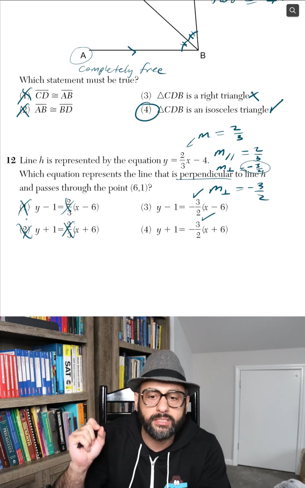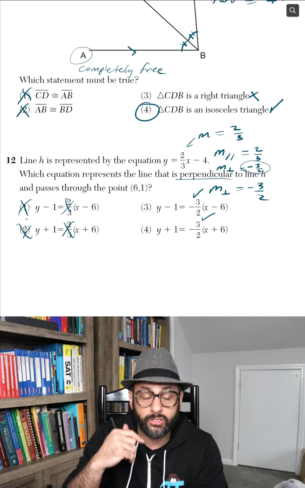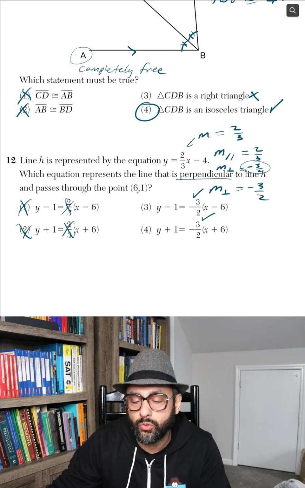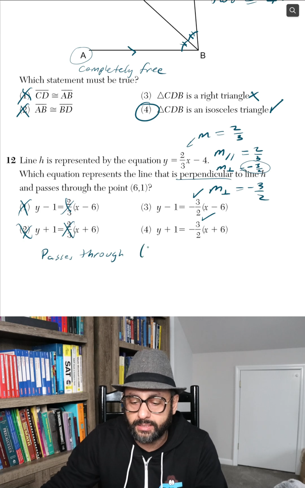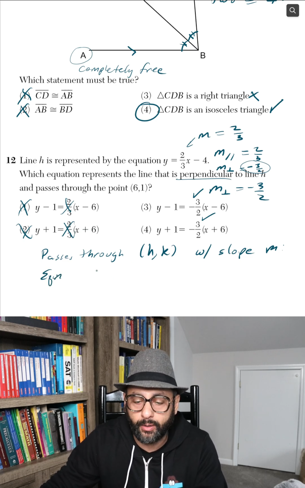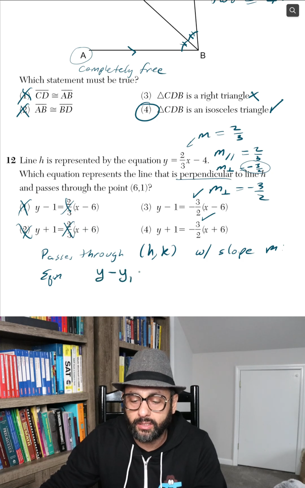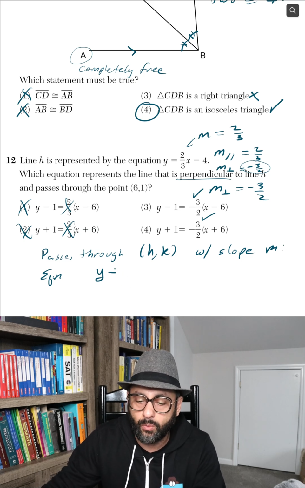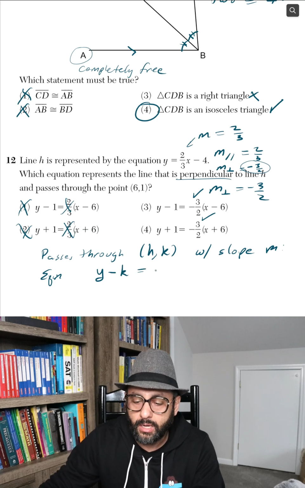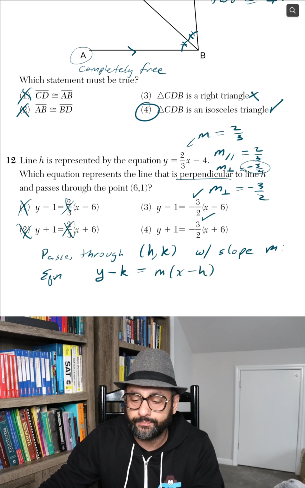The second part, though, goes back to exactly the circle problem. If it passes through, let's say, h comma k, with slope m, then the equation in point slope form is y minus k is equal to m times x minus h. I didn't use y1 in this because I used h.